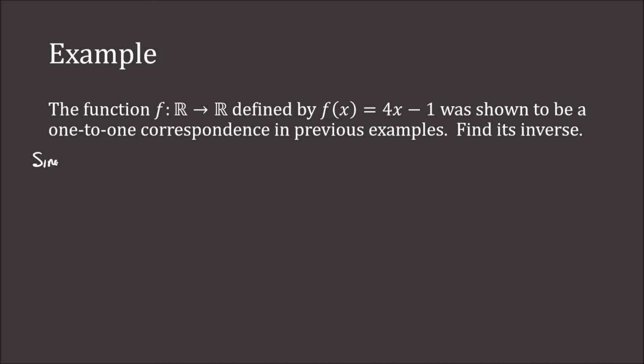Since f is onto, we know that for all real numbers y, there exists a real number x such that y is equal to 4x minus 1.